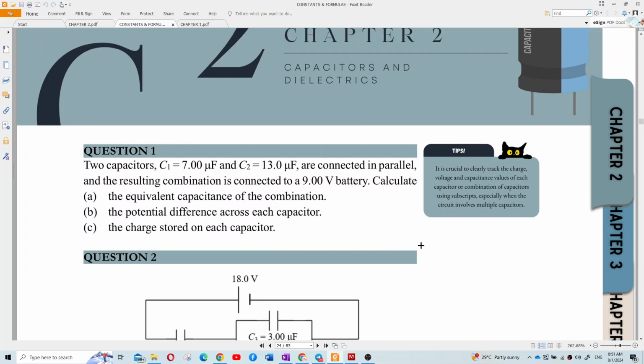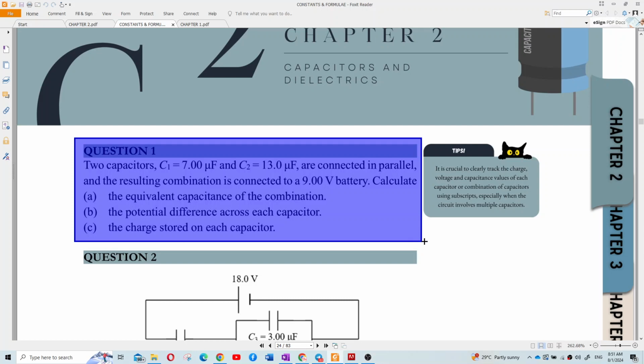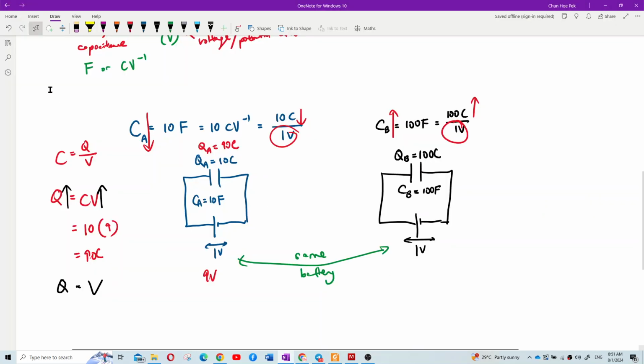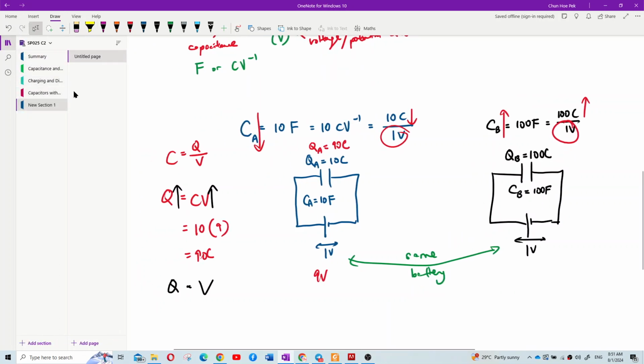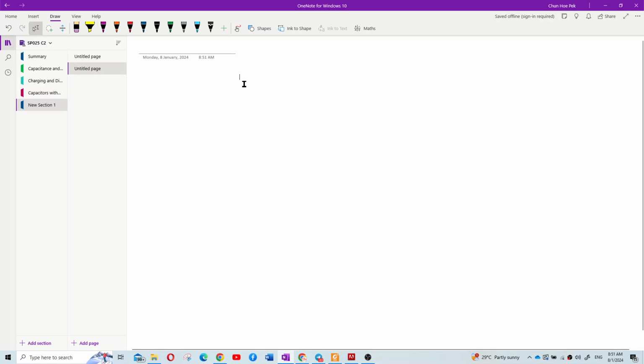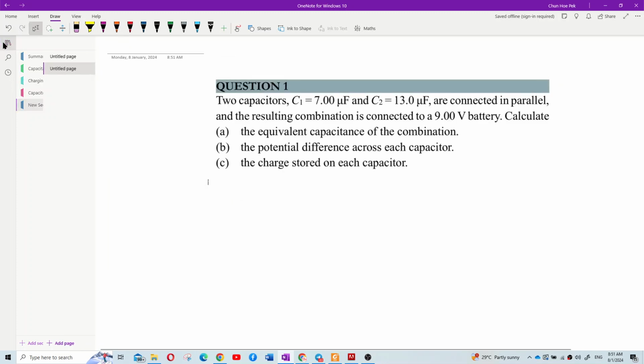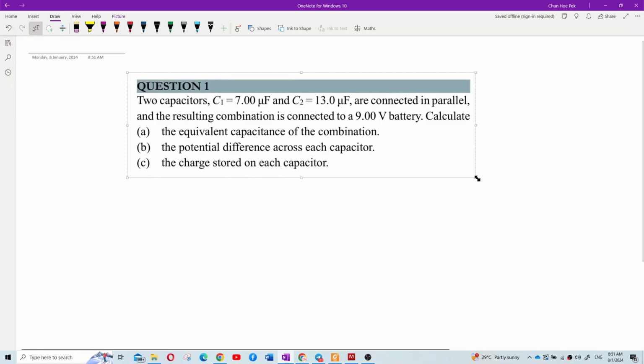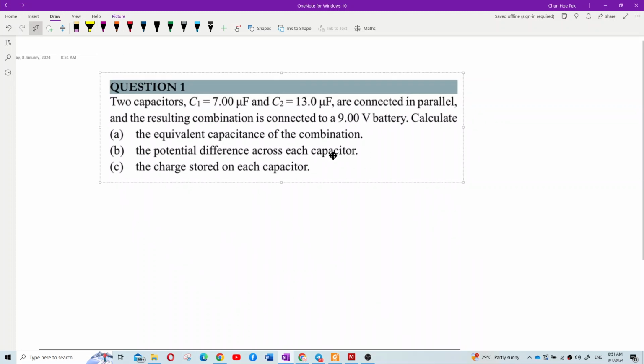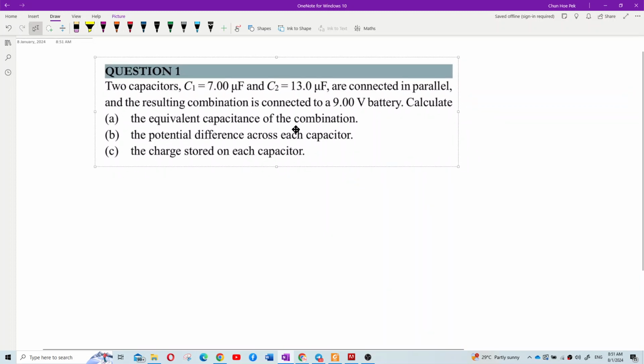Let's do this question, class. I need your calculator to be ready because I don't have a calculator. Oh, I have. I forgot my handphone has a calculator.